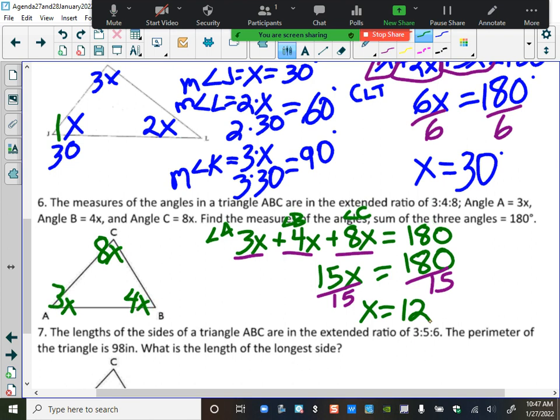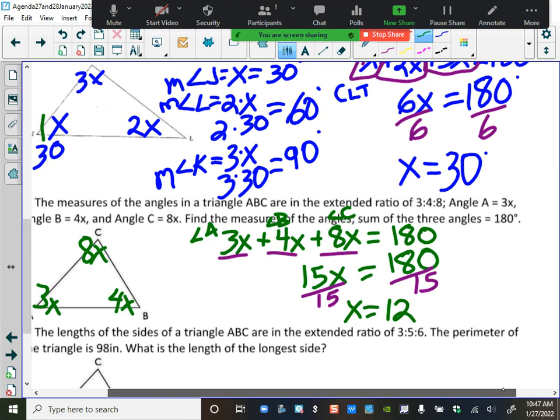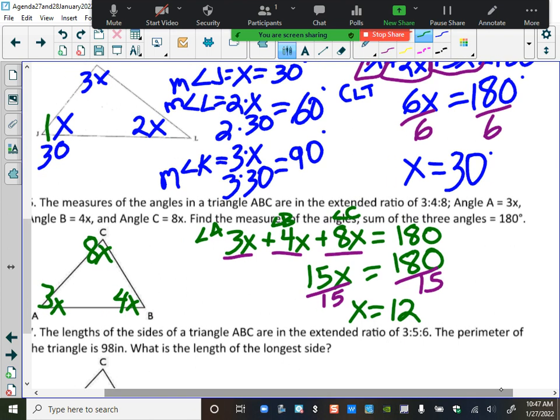Now, when we finish, what do we have to do with the x to get all the other angles? The measure of angle A is 3 times 12, which is 36. The measure of angle B is 4 times 12.